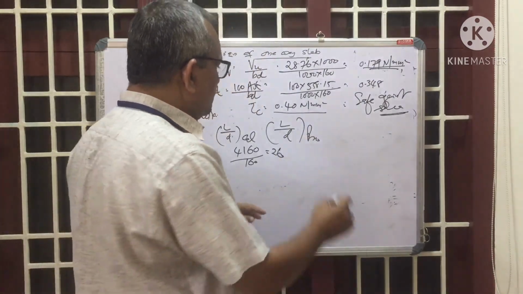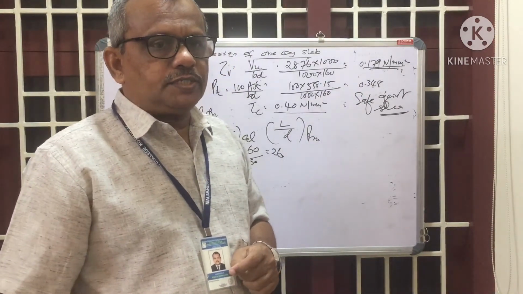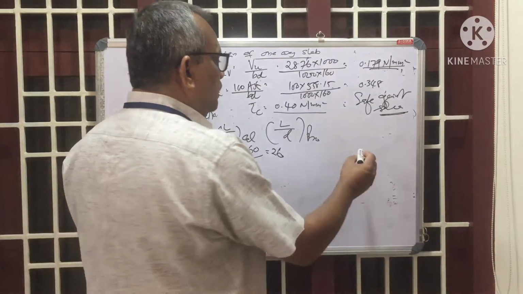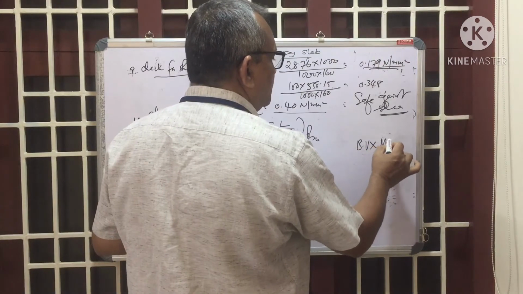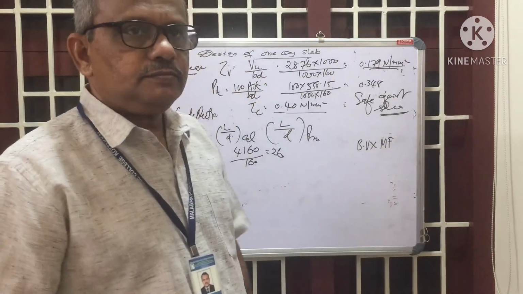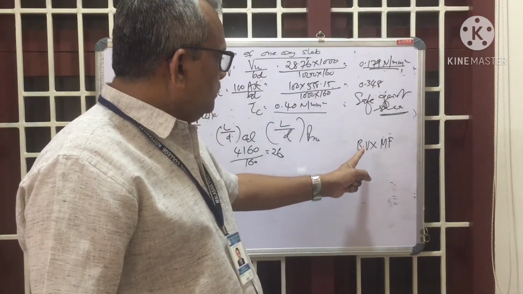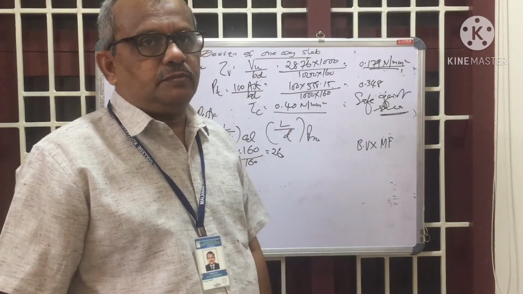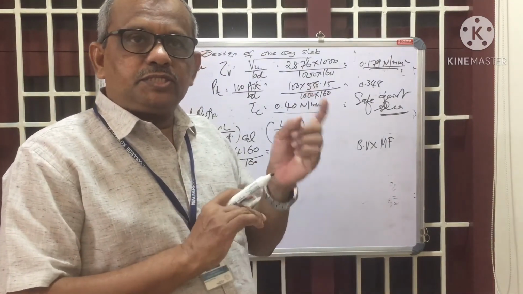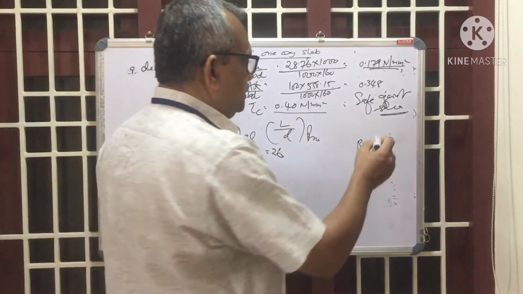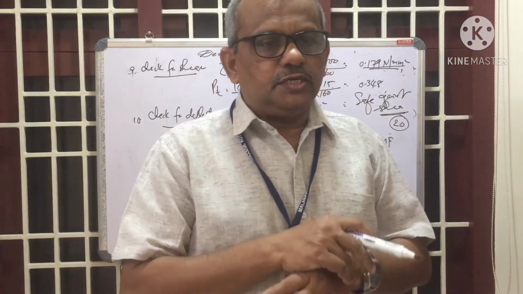Now, what is the L by D proposed? As per the code, it is the basic value into the modification factor. To check the deflection, multiply the basic value with the modification factor. The basic value, as I told you in the last class, for a simply supported beam or slab is 20.